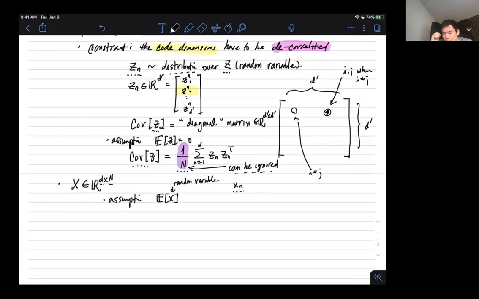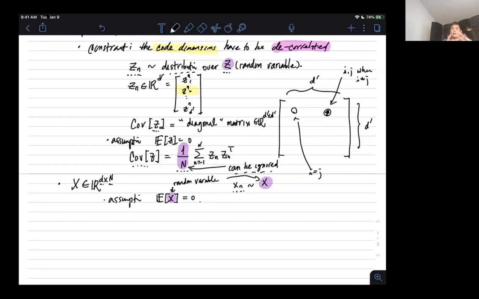Any nth input vector is again a sample from the random variable X. So we are looking at two random variables here: the random variable Z and the random variable X. And then what we are assuming here is that the expected value of this random variable X is 0. This assumption is very, very easy to satisfy. So how do we satisfy it? We simply center our observations ourselves.